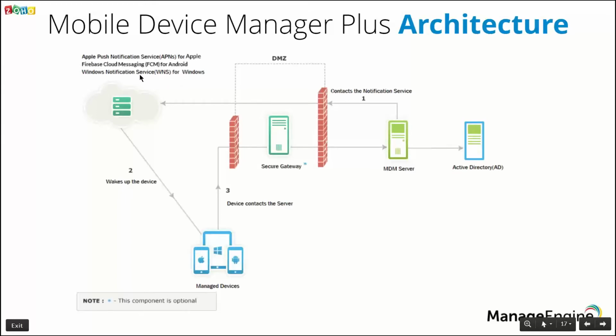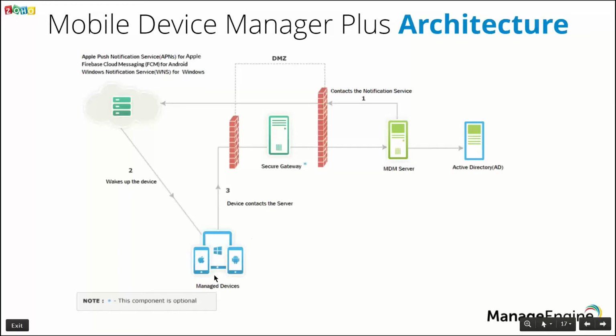These notification services stay in contact with the devices all the time. MDM leverages this and uses the notification services to wake up the devices. And the devices in turn will contact the server for commands to be executed.